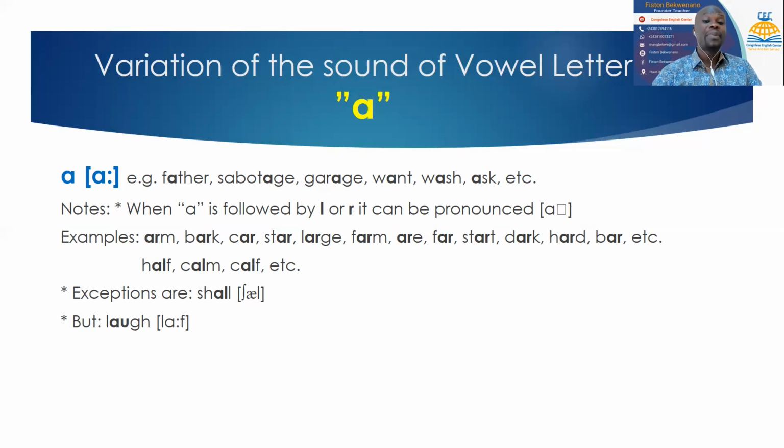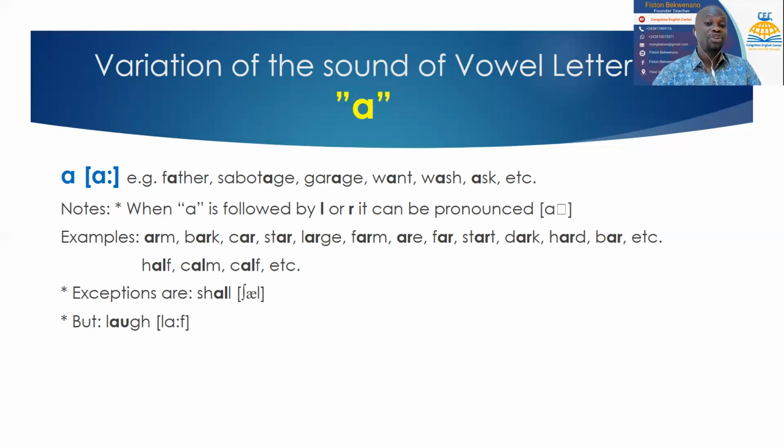But now a followed by l, that is the example of half, not a half, but half. And we have calm, and calf. So these are words where we find letter a being pronounced ah. Exceptions are like for shall. We don't say shall, but we say shall.